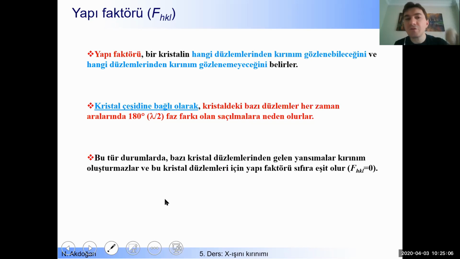And you can calculate it. They are already calculated for different crystals. And before you start your experiment, you should know whether that plane will give you any diffracted signal or not. Otherwise, it will take so much time to complete your experiment, or even after several hours, you will not see anything, okay?